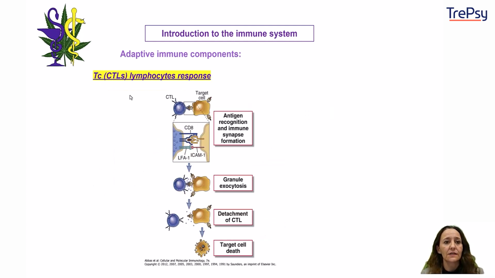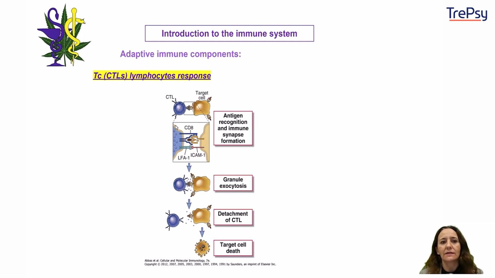The cytotoxic T cell response, when it is activated, the name of the cell is CTL. So this response is very effective. They eliminate target cells. These are cells that are infected by virus or cells that are tumoral, transformed.